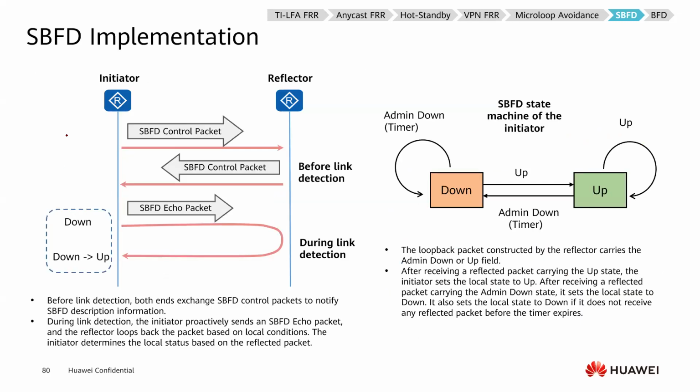Here is how SBFD is implemented. At the very beginning, they discuss the port or the time they are going to use. So we exchange the SBFD control packets. Then the SBFD will ping.